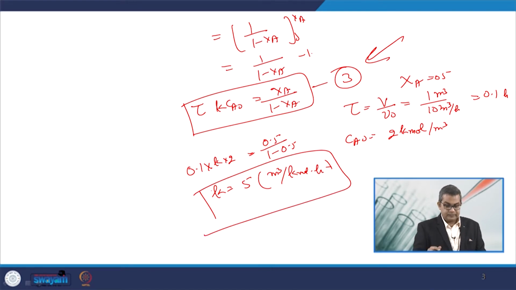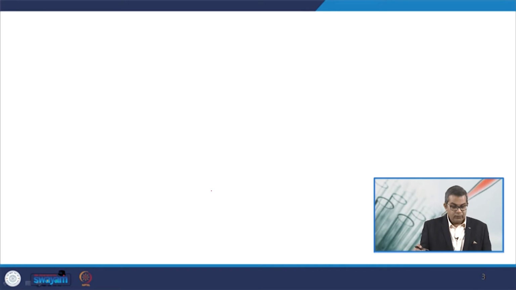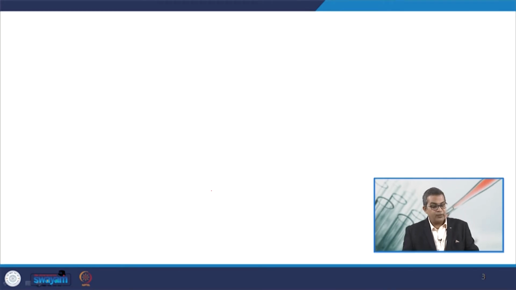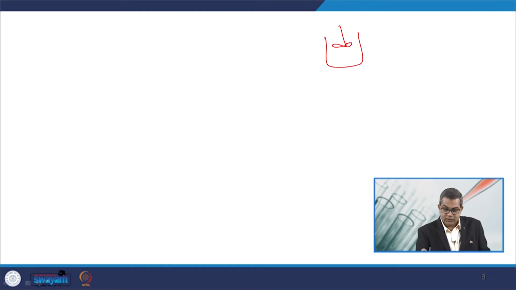Now as per the problem, if a new MFR is attached before the plug flow reactor in series, then we may have this type of reaction stream.